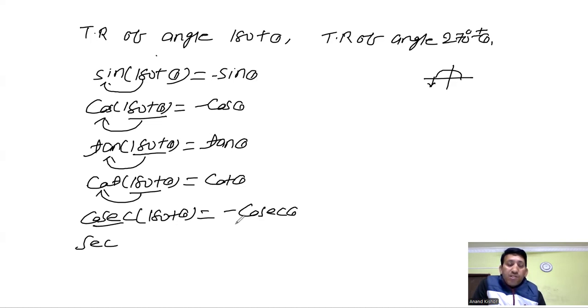Tan will remain tan, cos will remain cos, because this is 180, not 90, not 270. So the ratio remains the same. Again sec 180 plus theta is minus sec theta. 180 plus, third quadrant, sec negative.